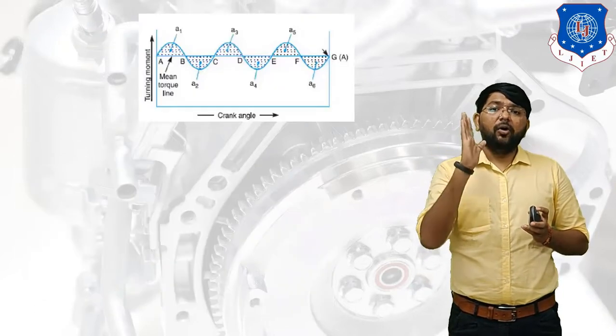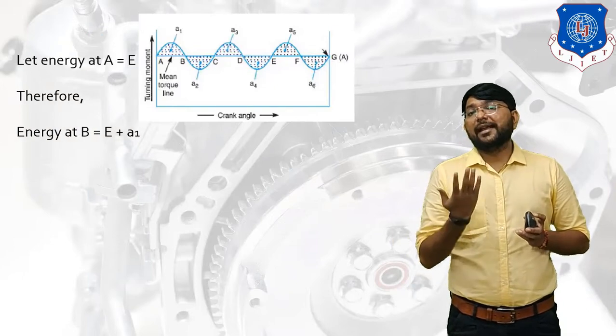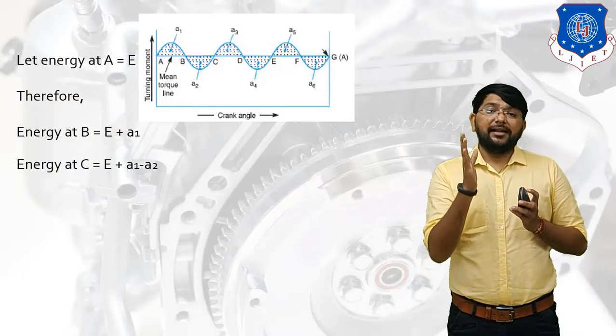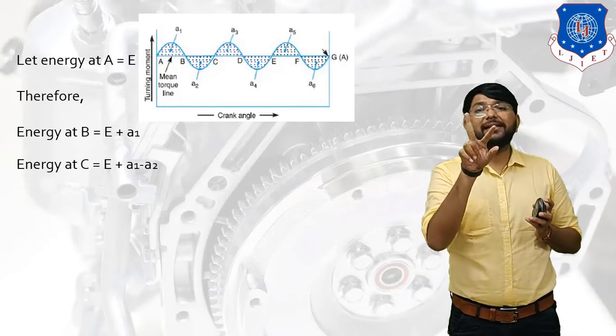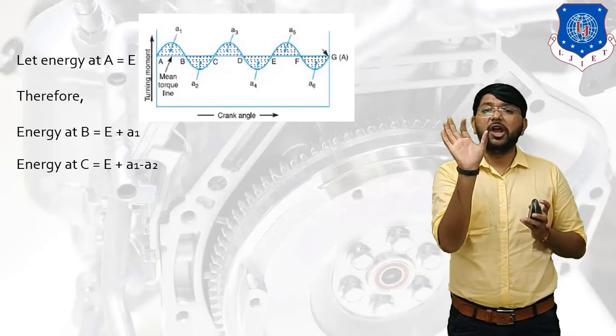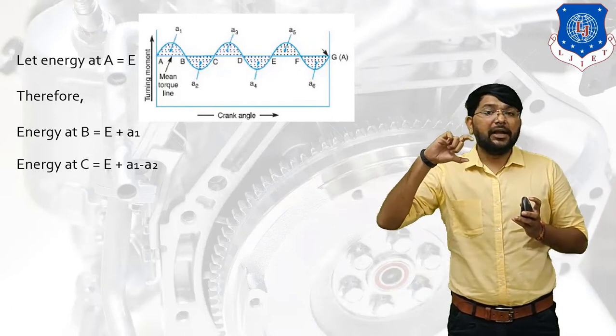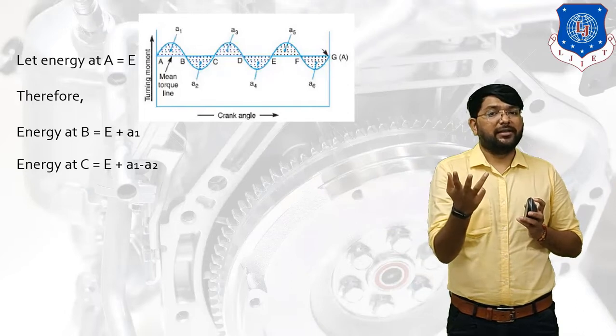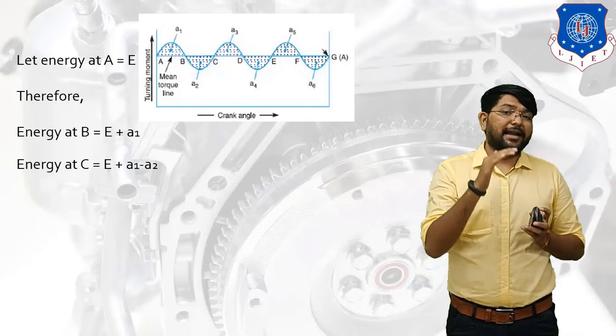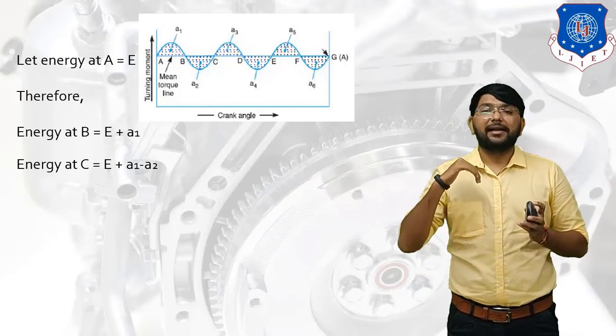Now what is the energy at point C? Between B and C there is one negative loop with area a2, so we have to deliver some energy. So the energy at point C is E plus a1 minus a2.